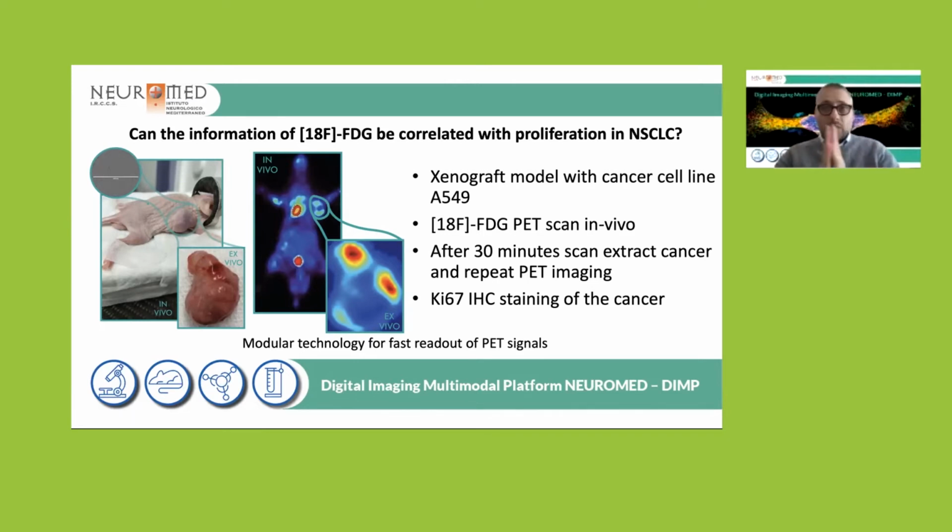But all the glucose metabolism which happened until the moment when you remove the cancer is still there, so you can have a sort of perfect image of the cancer. After the PET, we make Ki67 staining of the cancer. Ki67 is a marker for proliferation.